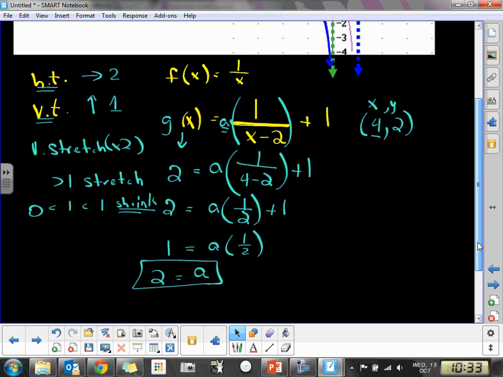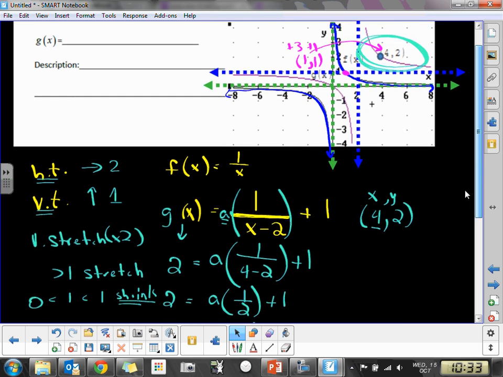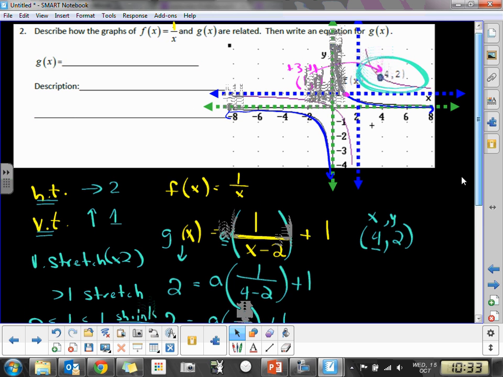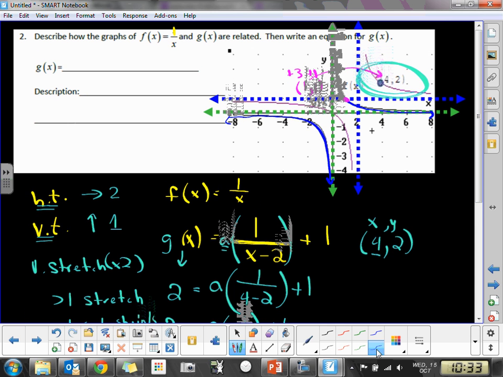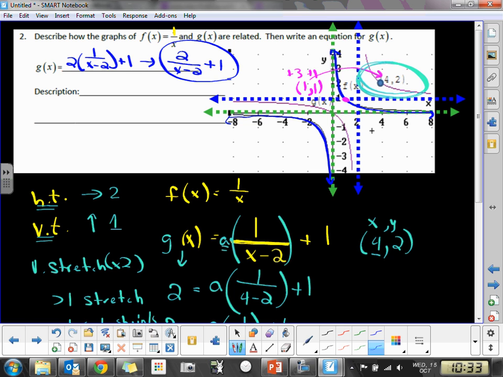So what I want to do is create a transformed equation with all the given information that we have. My new function g of x should be 2 times 1 over x minus 2, plus 1, which is equivalent to 2 over x minus 2, plus 1. And then I'm going to do the description. I'm just going to abbreviate here.